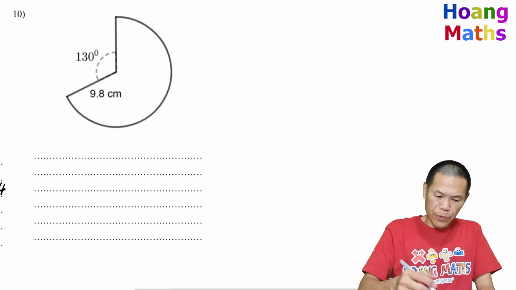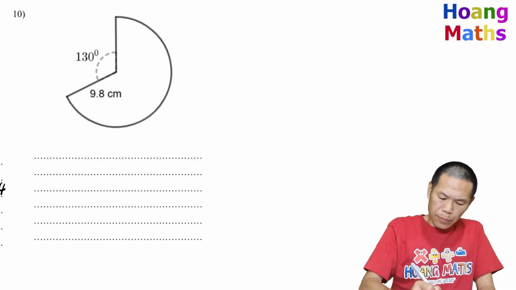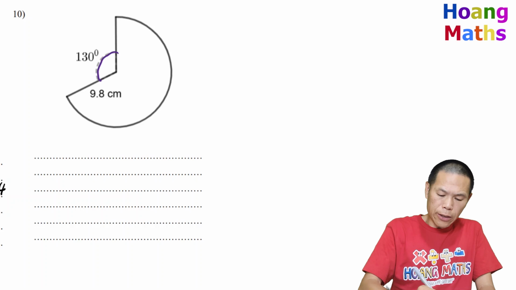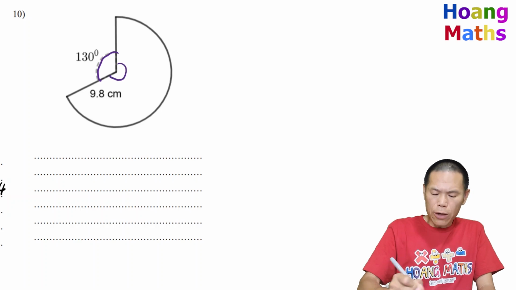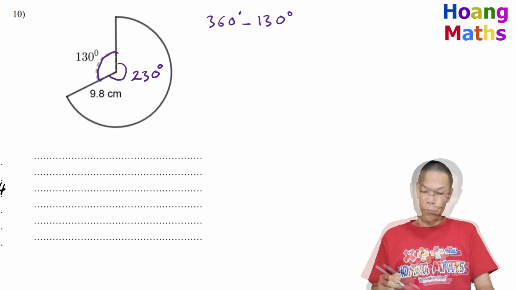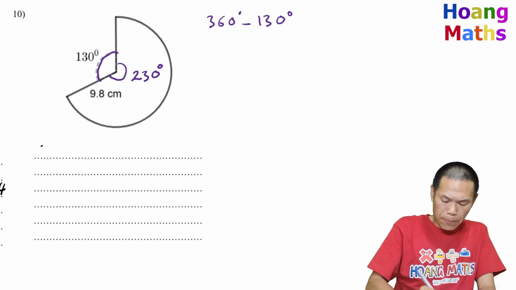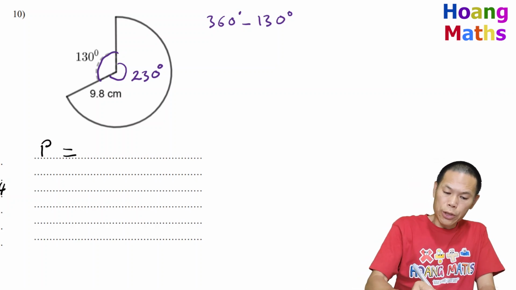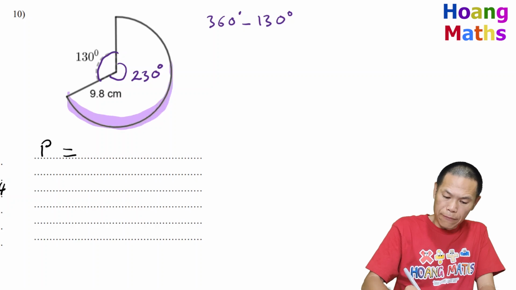Question number 10. So again, this is 130 degrees, so we need to work out this angle first. So 360 minus 130 degrees, so that will give us 230 degrees. So now the perimeter equals, so we just work out this arc length first, okay?